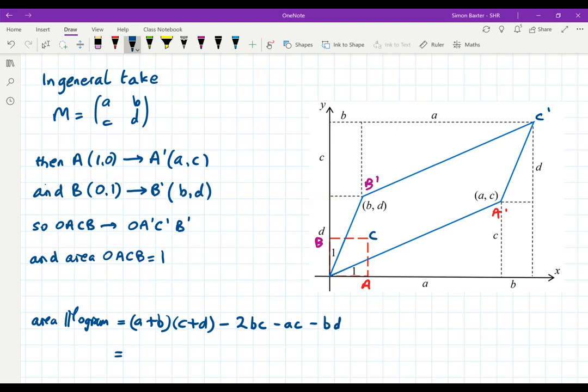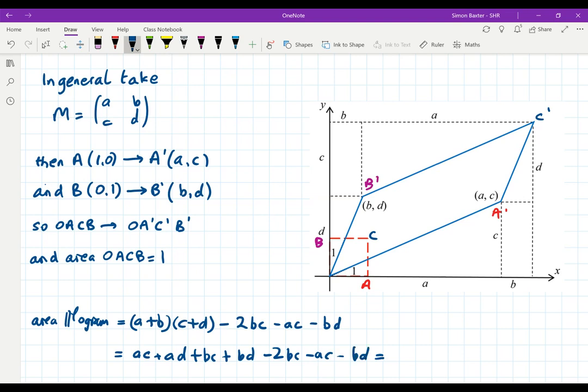Working that out, we get AC plus AD plus BC plus BD minus 2BC minus AC minus BD.